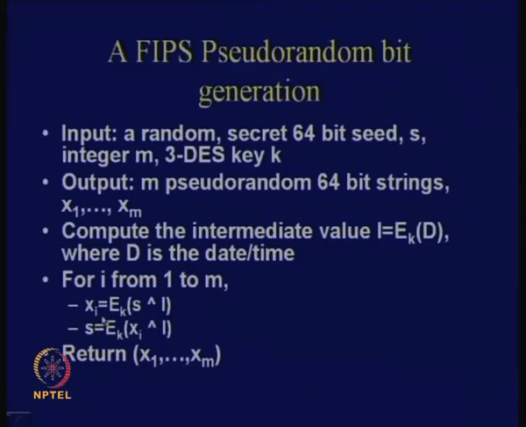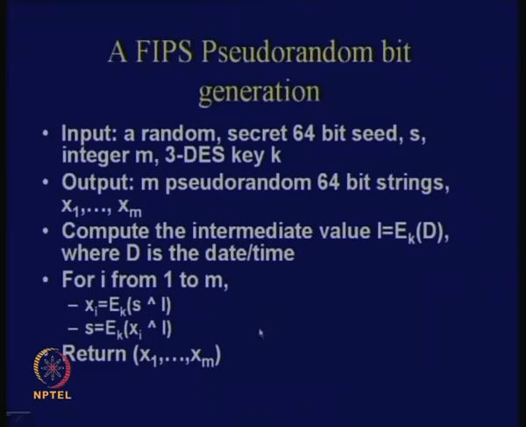Then you need to modify the value of S: you take xi, XOR that with I, apply ek and obtain the next value of S. You keep repeating this m times, and each time whatever value of xi you obtain, you return in the sequence.